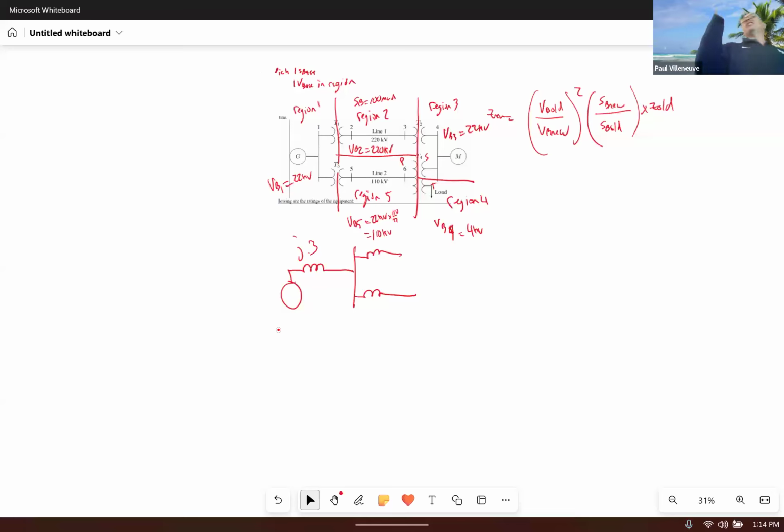I'm moving everything to the low voltage side of the transformer, so I have to divide by the V base in that region. So if I use 22, I had better use the VB1 region base voltage. If I go to the high side, the 220 kV, then I have to use region 5. So it doesn't matter as long as you pick the right voltages.